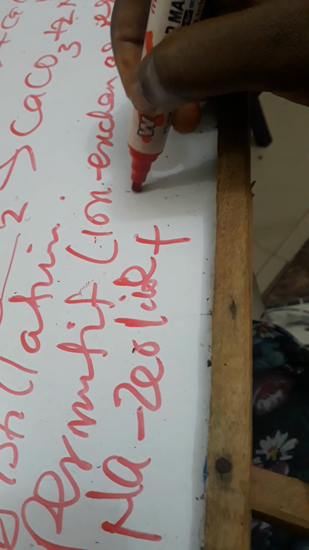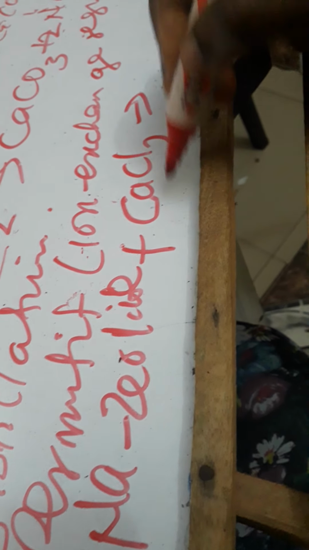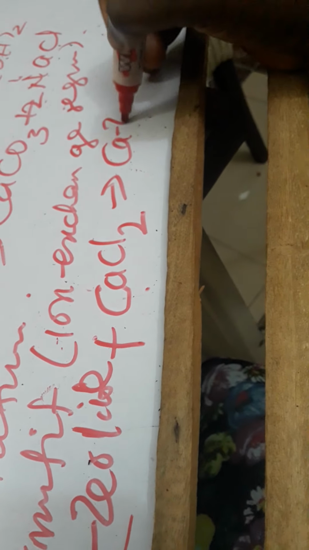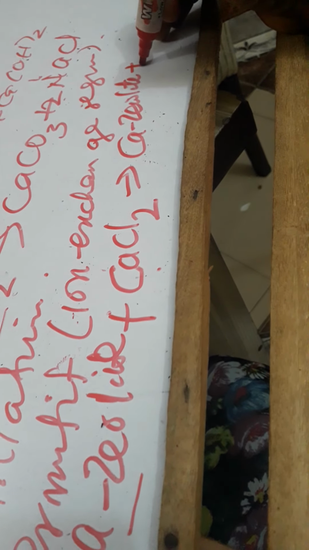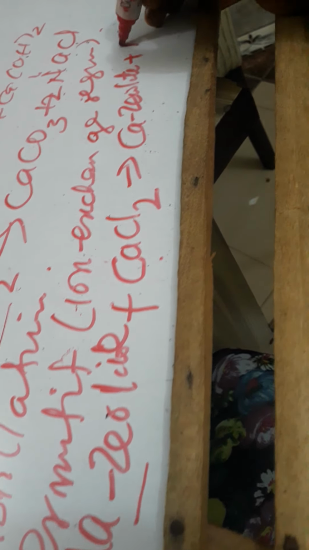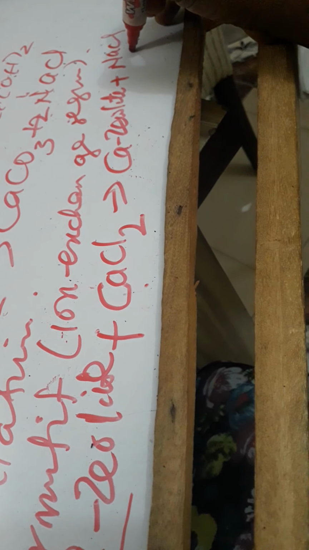Don't forget, sodium is soluble in water. When you add it to calcium chloride, for instance, which is responsible for permanent hardness of water, there will be an exchange of radicals. So you have calcium zeolite, which is removed, and then you have sodium chloride form. This is soluble in water.